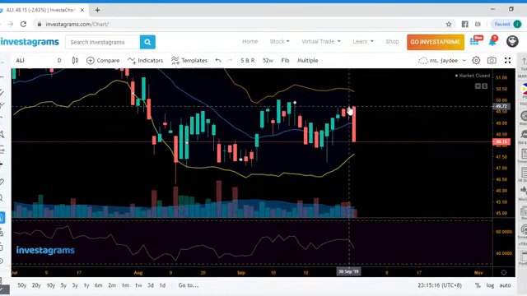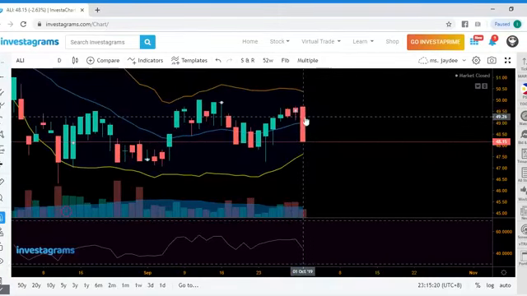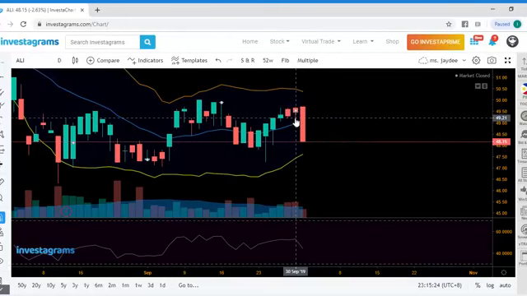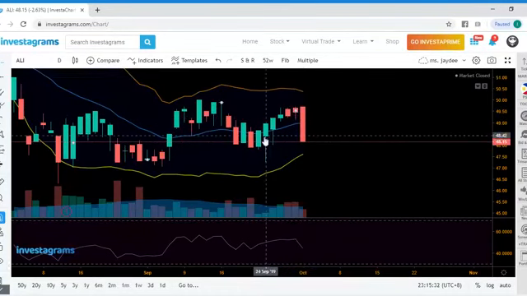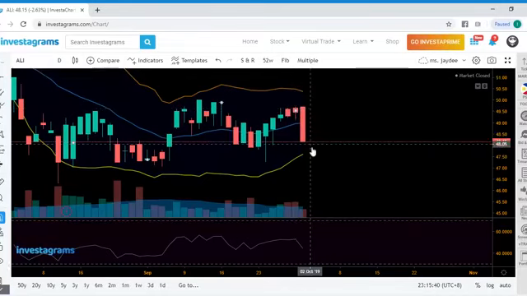This area was a resistance, so this candlestick previously is also a bearish candlestick, so you could have already taken profit around this area. If you've entered right here, this could have been a profit taking area. This is the candlestick showing signs of weakness.